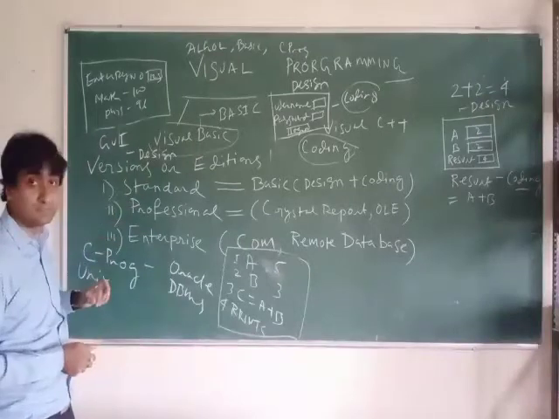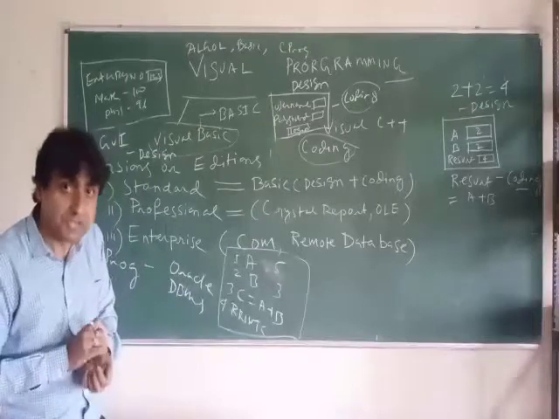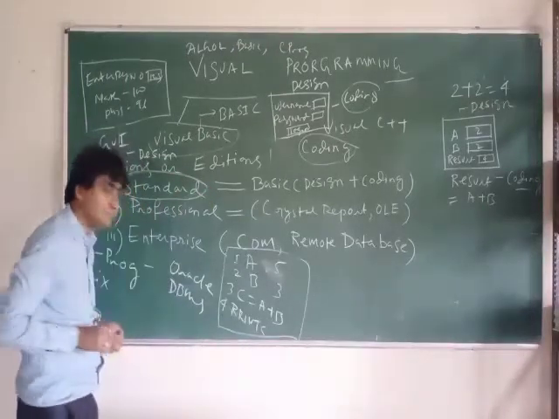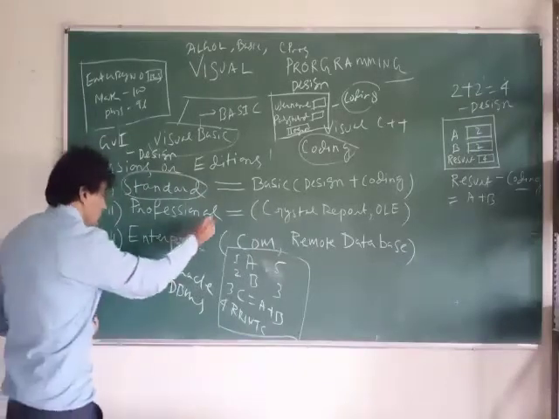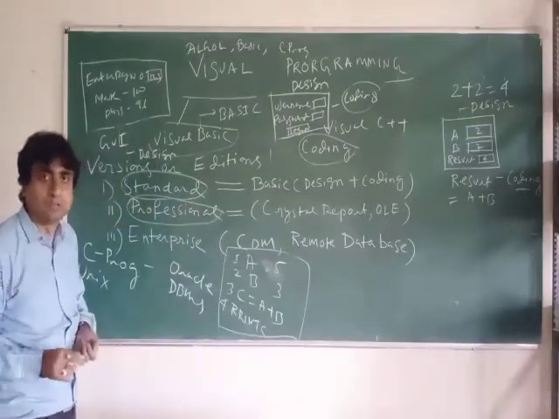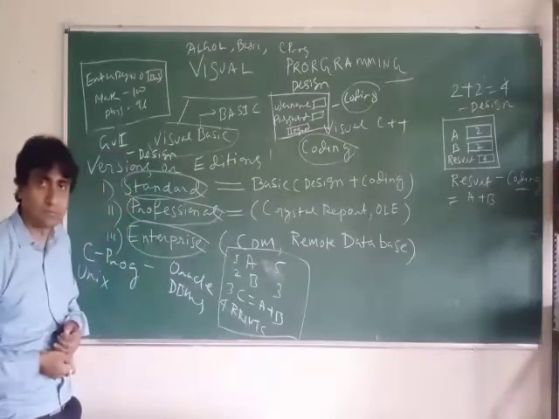Visual Basic has 3 editions or versions. The first is Standard. The second one is Professional. And the third one is Enterprise.